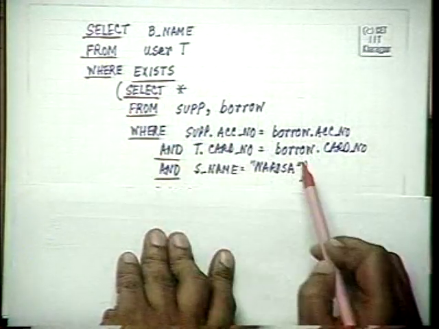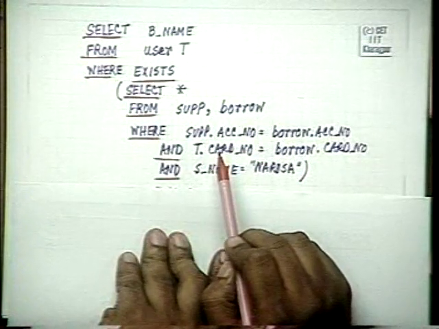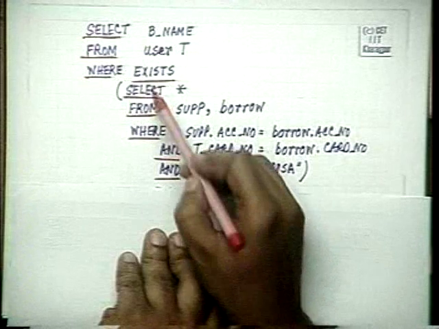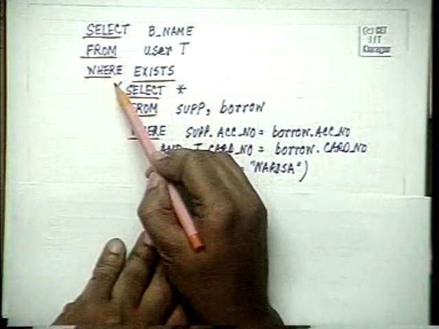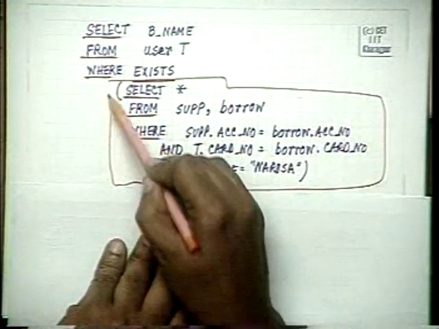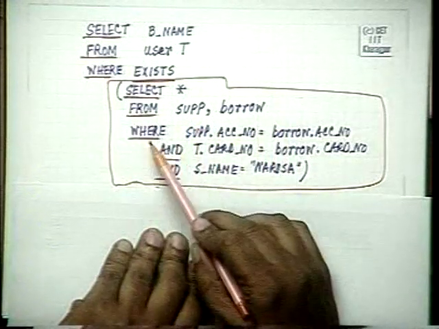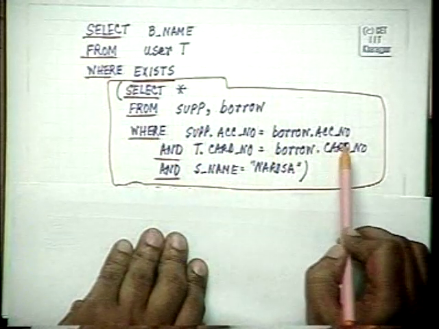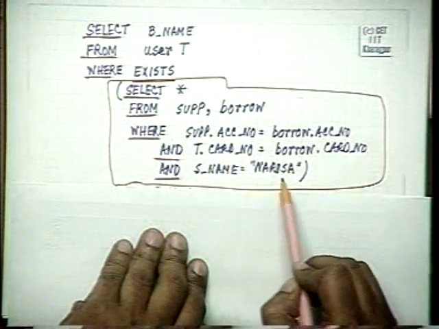What is this part saying? This part is saying select star, star means all the attributes from supplier and borrow, where S dot accession number equal to borrow dot accession number and T dot card number equal to borrow dot card number and S name equal to Vijay.